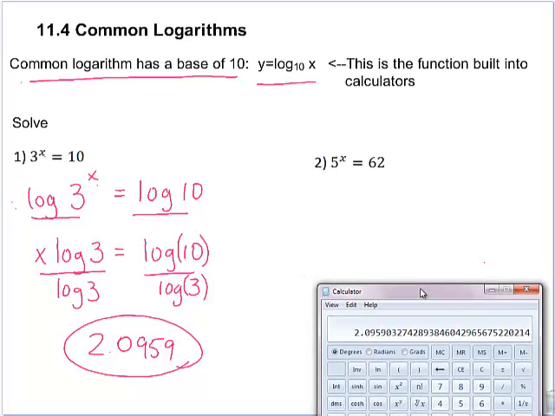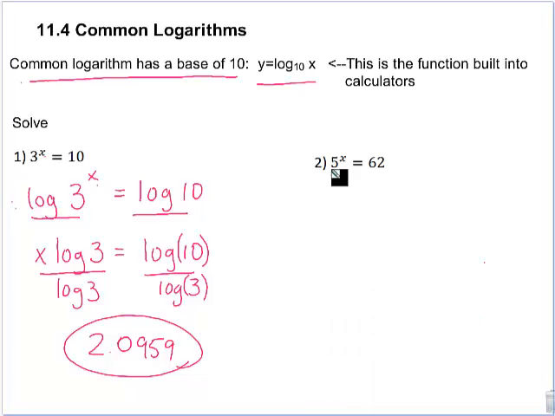Our second example, we have 5 to the x is equal to 62. So we're going to solve these the exact same way by doing the log of both sides. Now, a question that might arise here is why aren't we solving these equations like we did earlier in this unit, where we looked at each number and tried to break it down as far as we can.